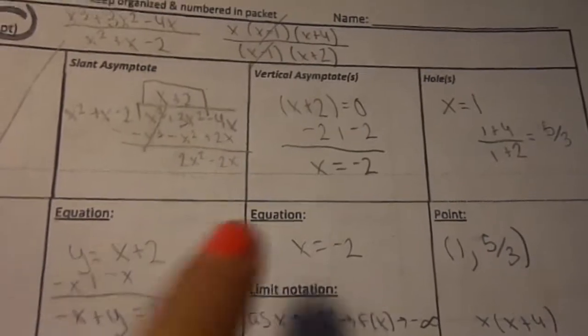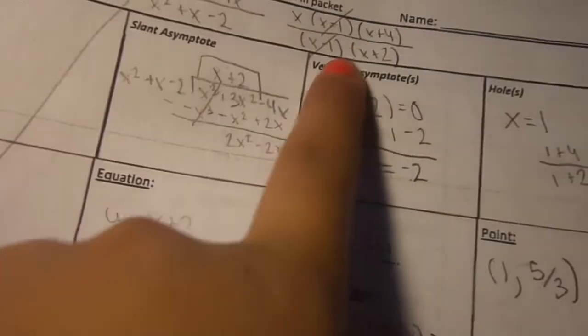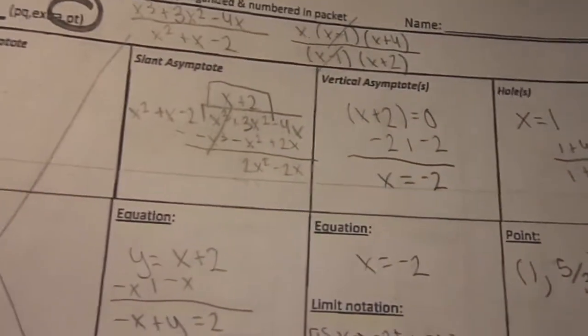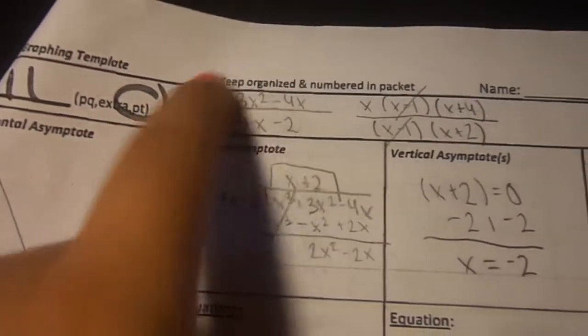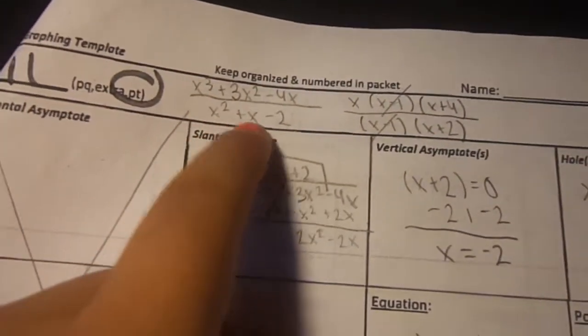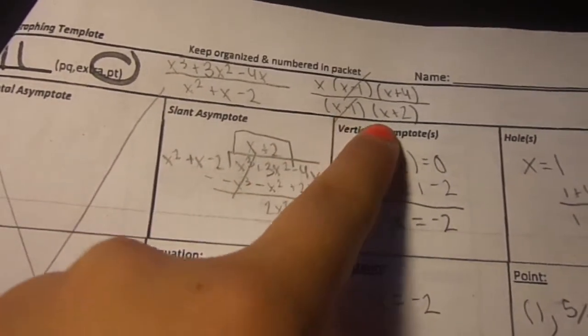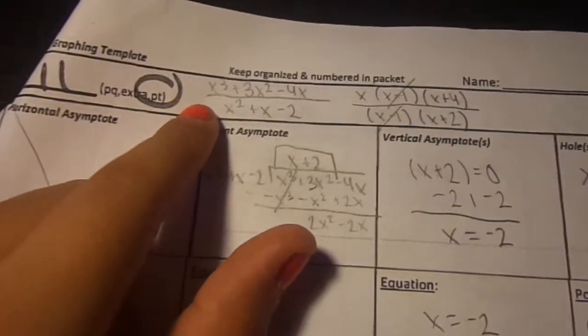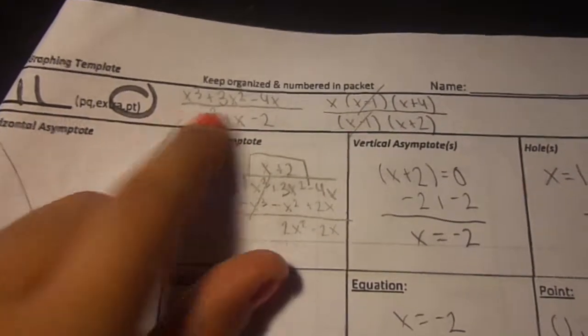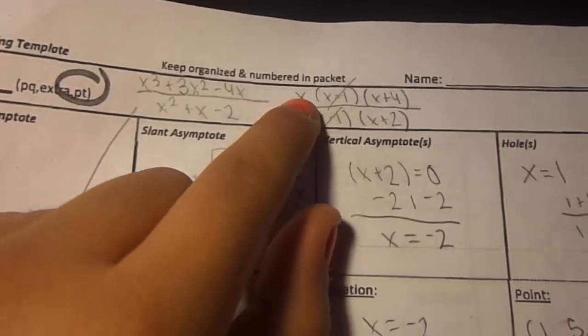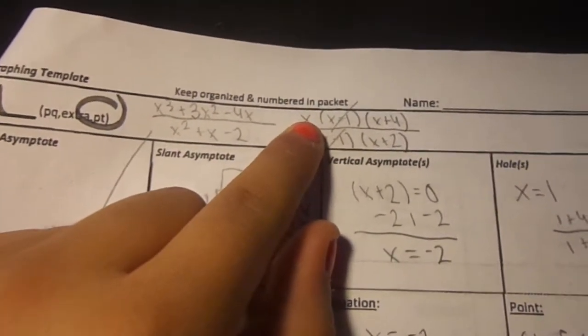So then I have to continue, and I now have to find my vertical asymptote, and by doing that I have to factor my equation. So x squared plus x minus 2 factors into (x minus 1) and (x plus 2), and x cubed plus 3x squared minus 4x factors into x times (x minus 1) and (x plus 4).